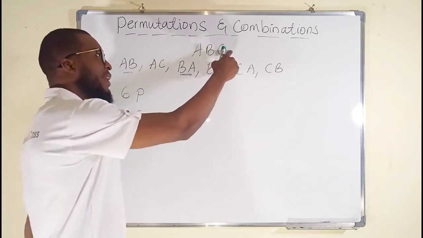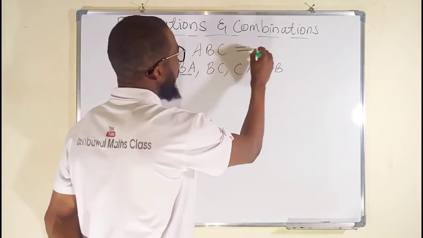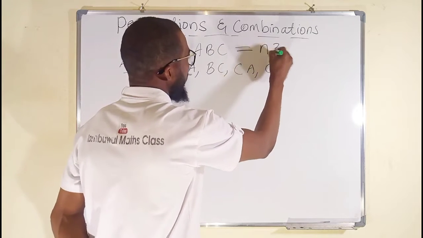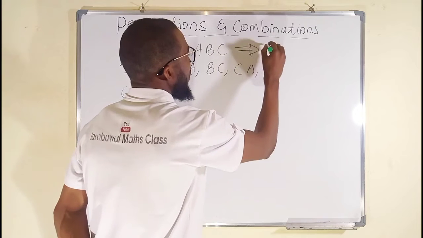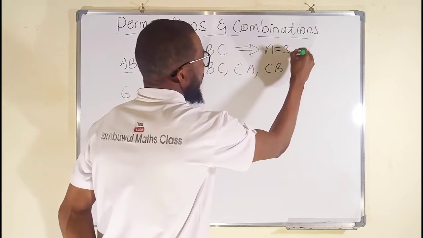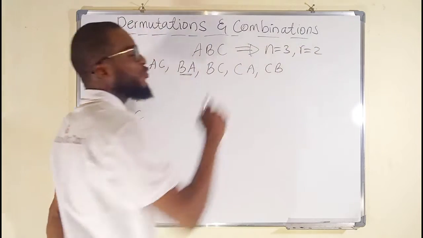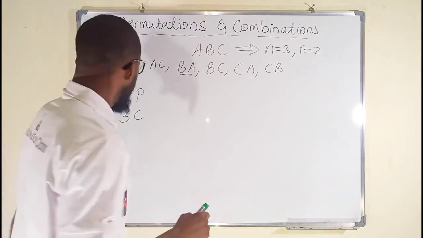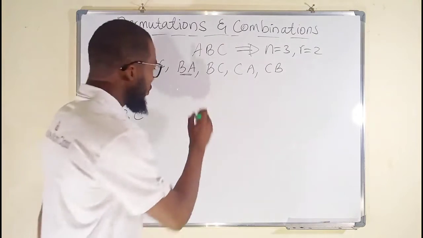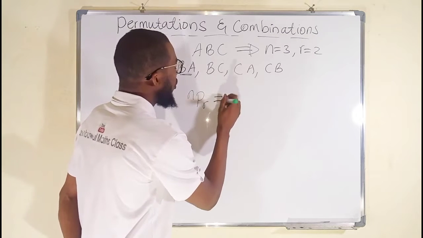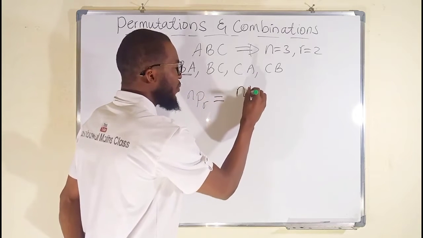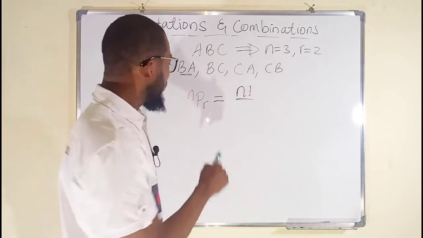Okay, let us apply this as an example where N is equal to 3 and R is equal to 2, because we are choosing 2 out of 3. So for permutation, we have N permutation R, which is equal to N factorial divided by N minus R factorial. Remember, we know what N factorial is all about.